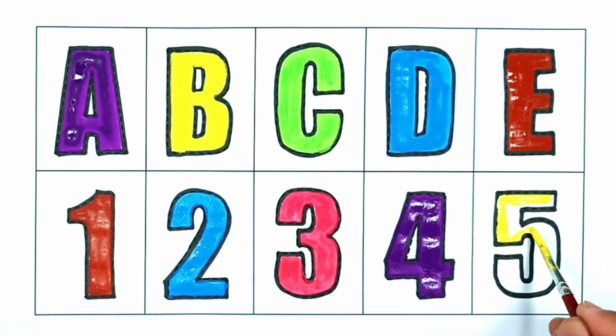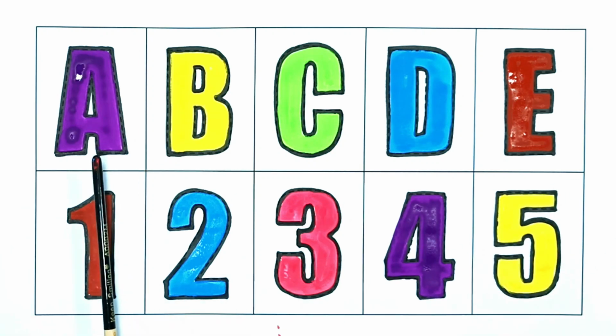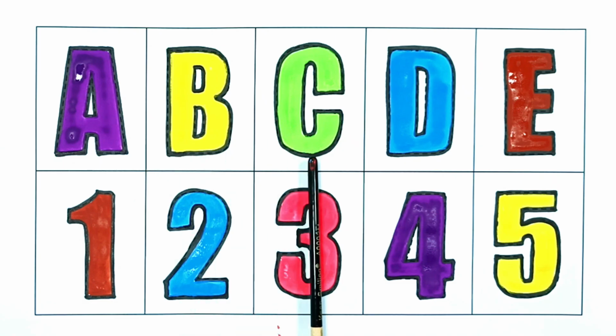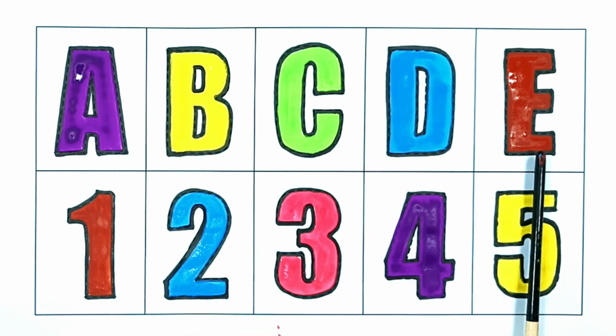Little red wagon, painted blue. Skip to my loo, my darling. 5, 5. A, B, C, D, E, 1, 2, 3, 4, 5.